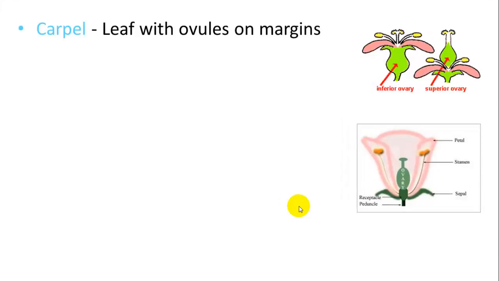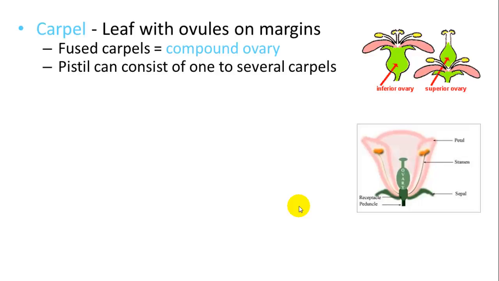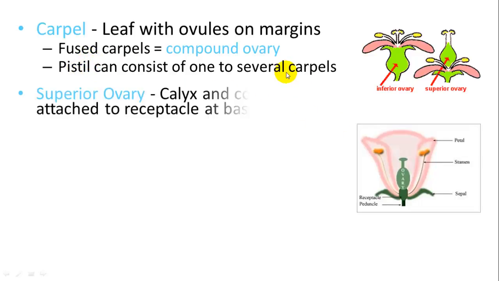The carpel then is modified leaves with ovules on the margins. Okay, and fused carpels make a compound ovary. So a pistil can consist of 1 to several carpels. And we'll see this in class when we look at flowers.